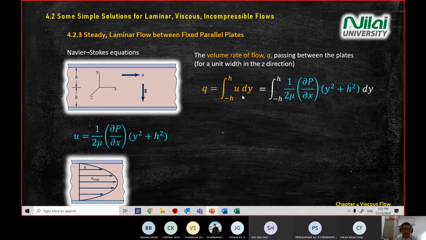Focus on the strategy of the derivation rather than the mathematics. At least you understand what procedure we use. So you just substitute back your u, integrate, simplify, and you'll get this term.